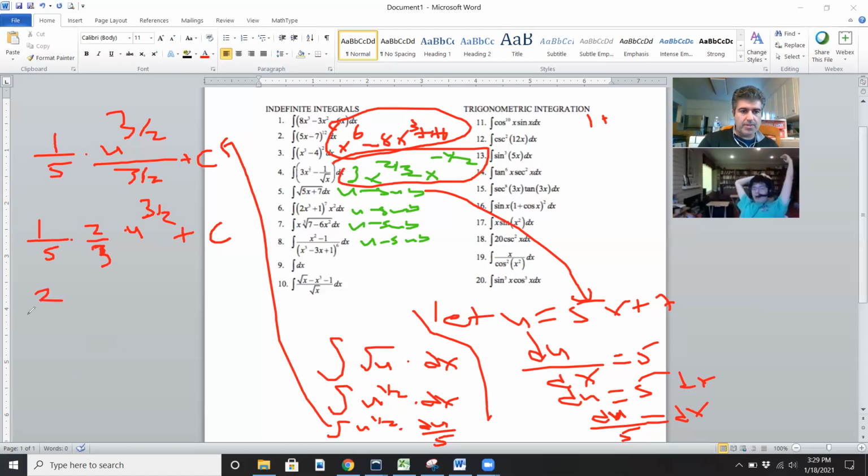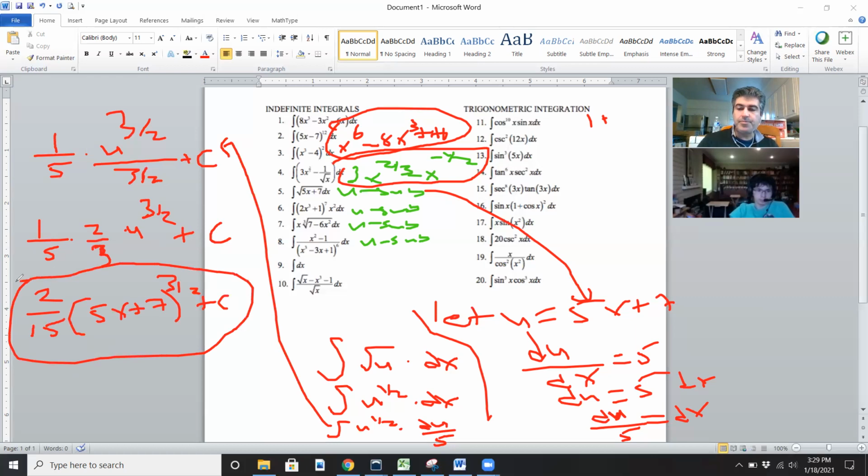So it's 2/15 times 5x plus 7, and you could probably leave it as 3 halves. I don't think it's necessary to put it back as a radical. And we're A-OK. Okay, so that's number 5.